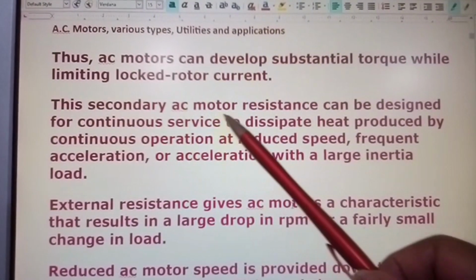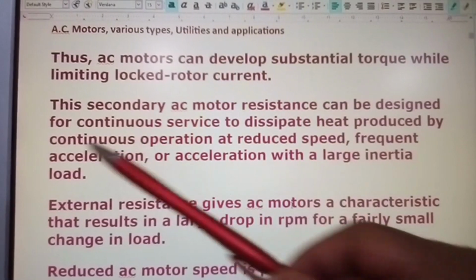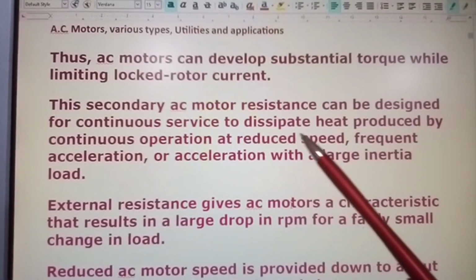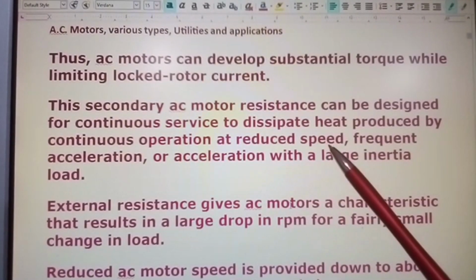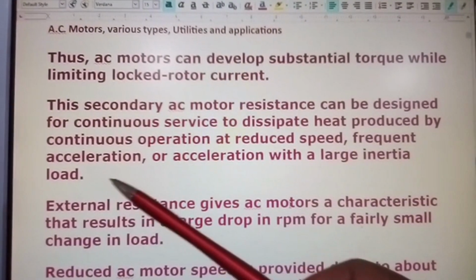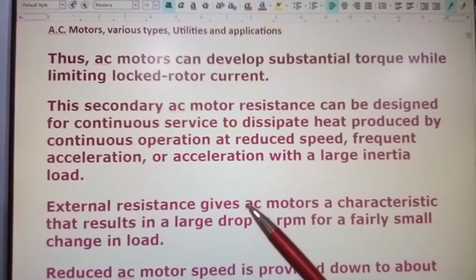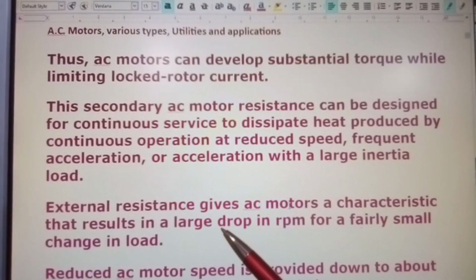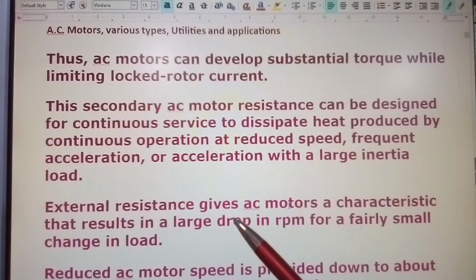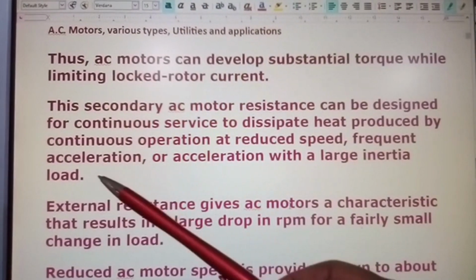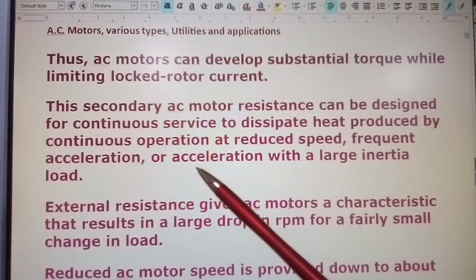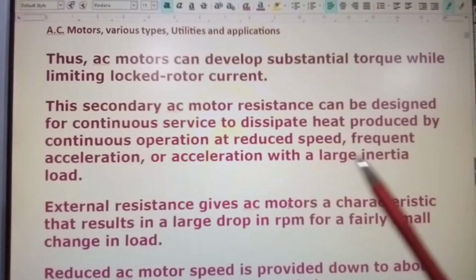This secondary resistance can be designed for continuous service to dissipate heat produced by continuous operation at reduced speed, frequent acceleration or deceleration with a large inertia load.